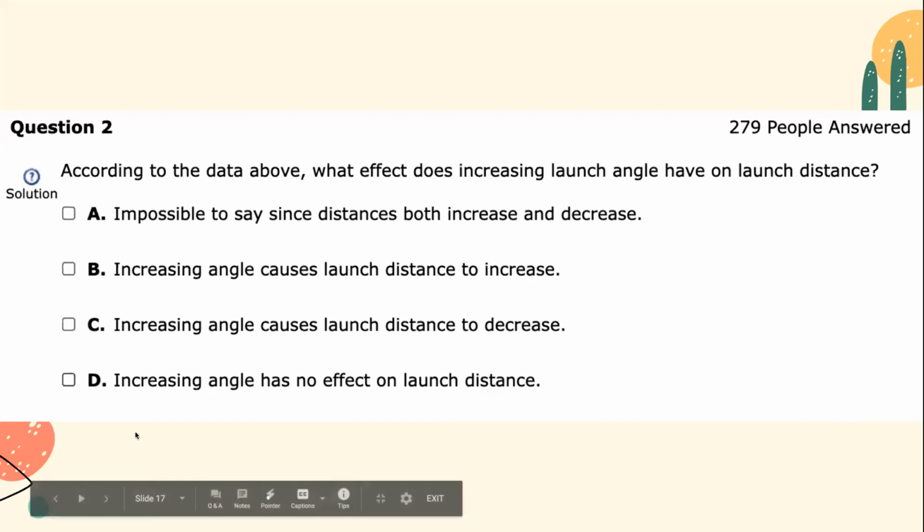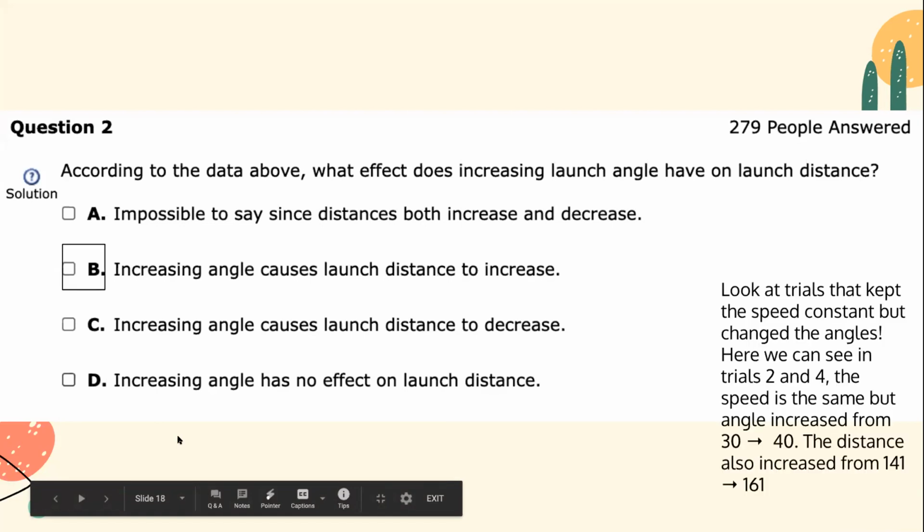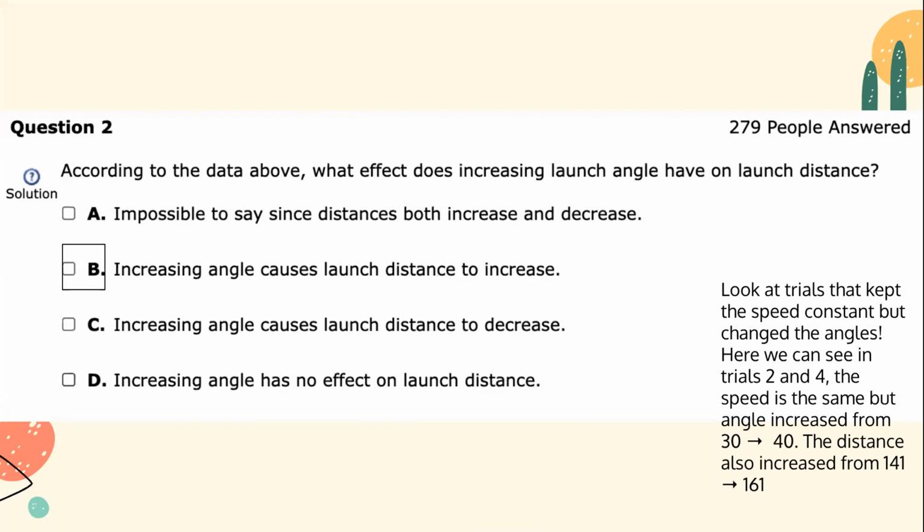Okay. So here we had to look at the data in the table, and looking at that, we could look at trials that kept the speed constant but changed the angles. So I looked at trials 2 and 4 where the speed was the same, but the angles increased. And looking at the distance, the distance also increased from 141 to 161. So increasing the angle also increased the distance. Does that make sense?